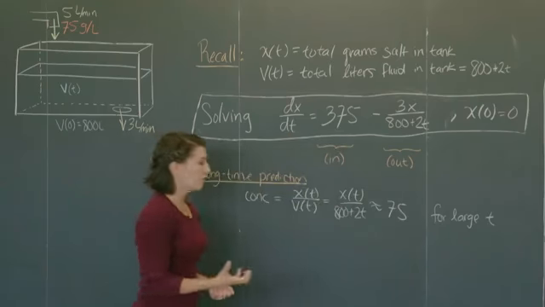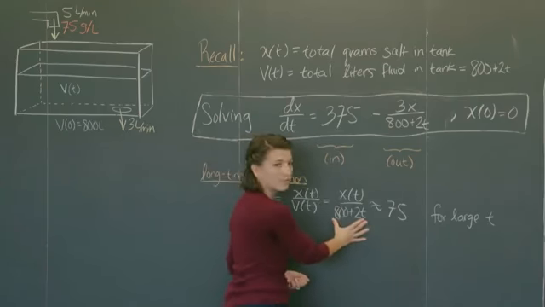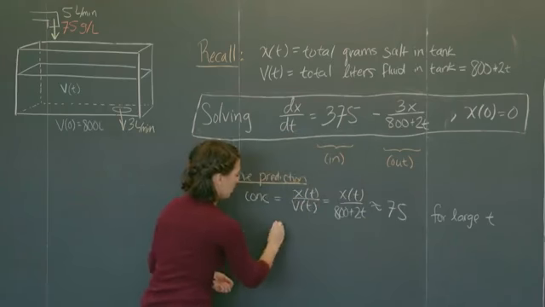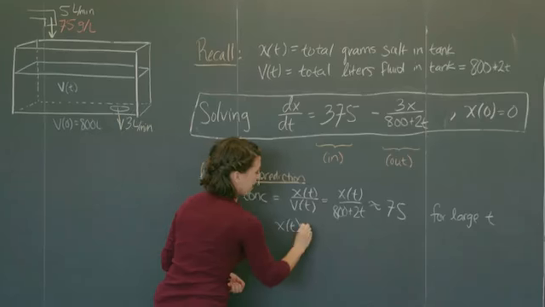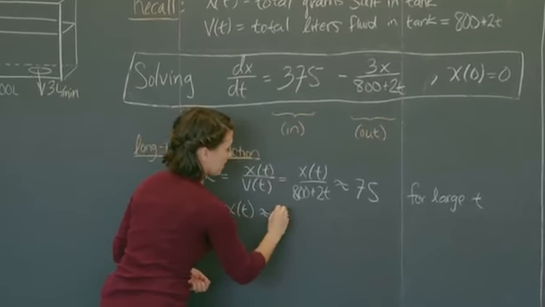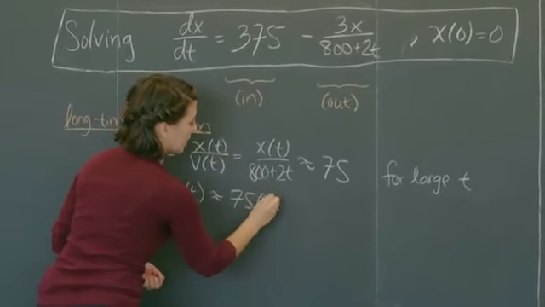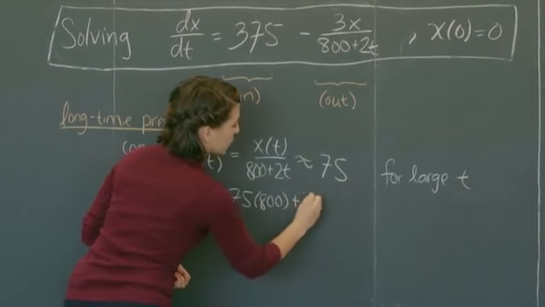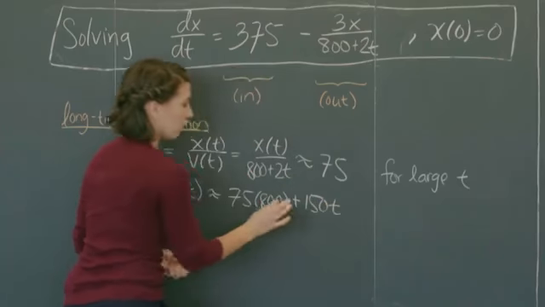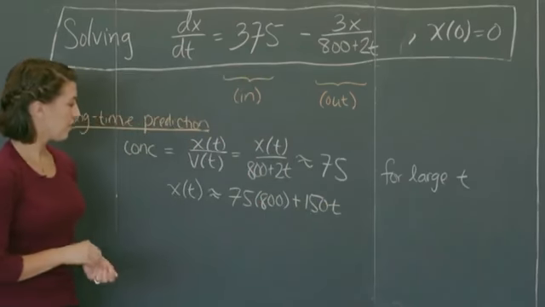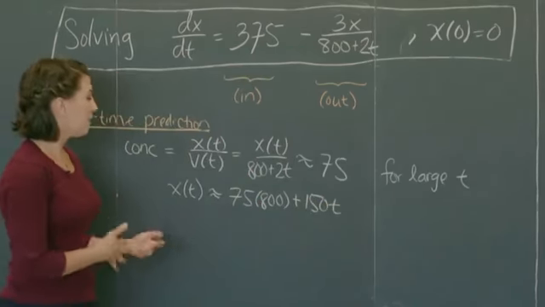So if we solve for x of t by multiplying both sides by this denominator, we can predict that x of t is going to be approximately 75 times 800 plus 150t for large t. So this is our long-time prediction of the solution.